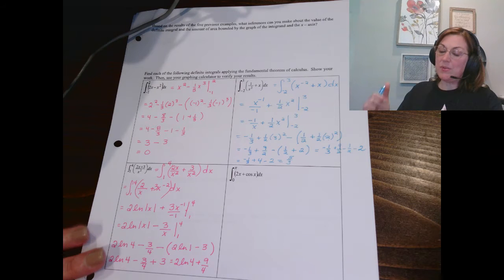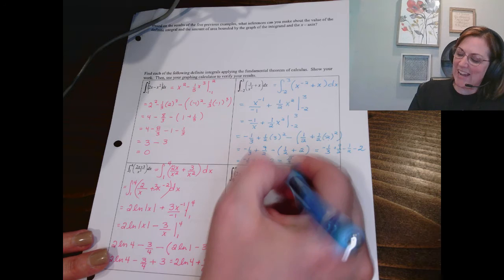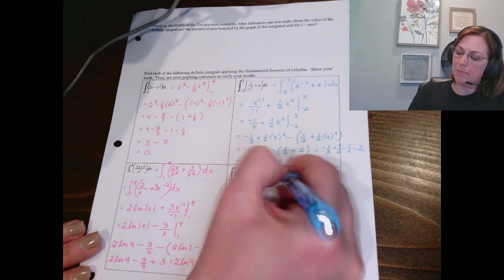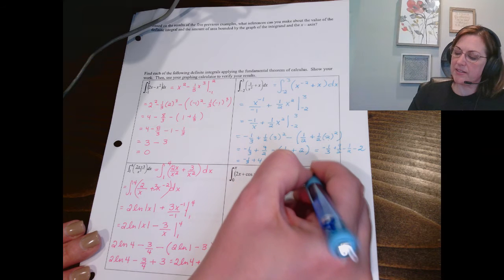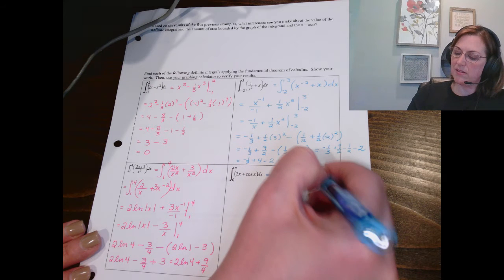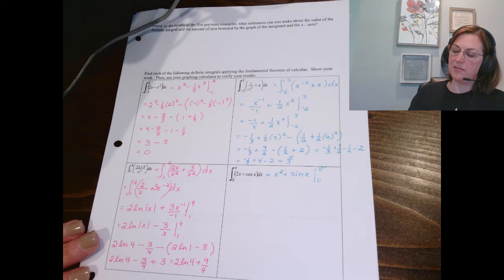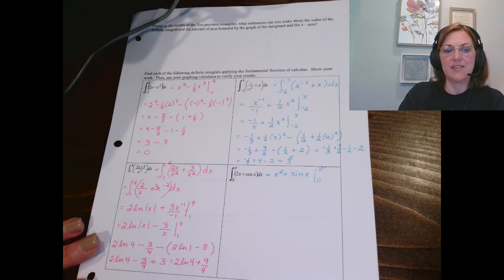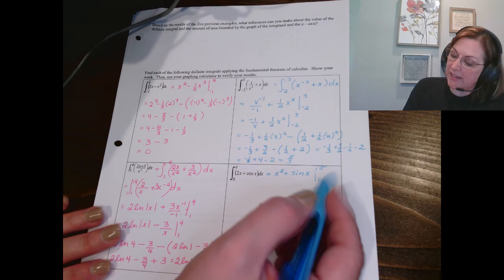Okay, then let's do a trig function. So antiderivative here is x squared plus sine of x. Now let's plug in our values.